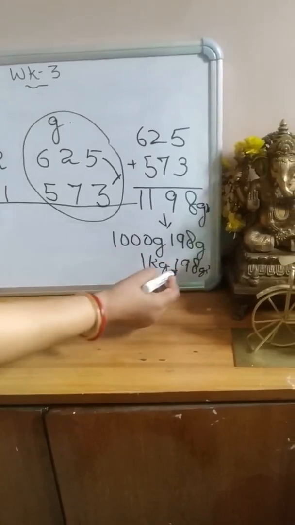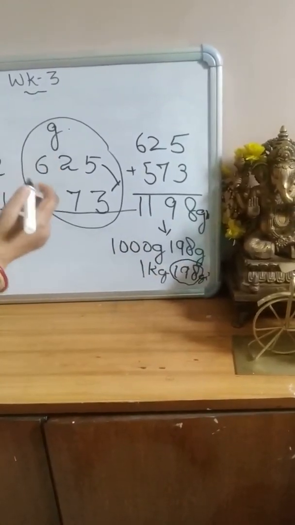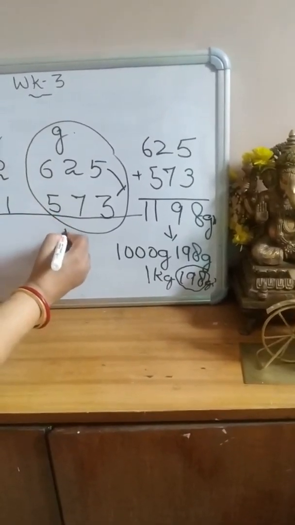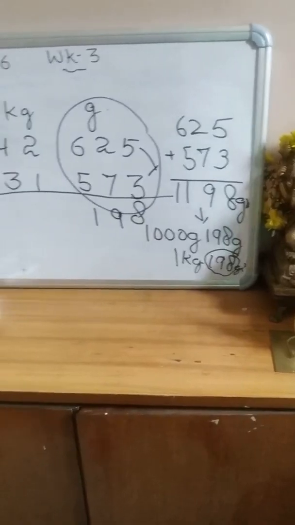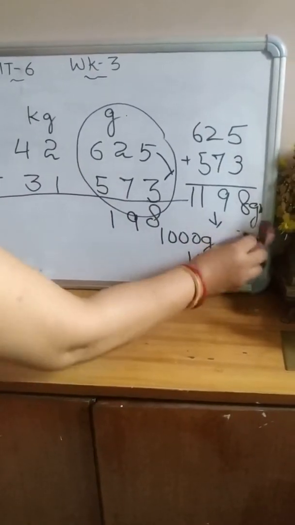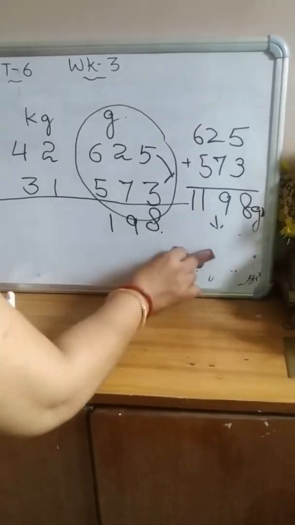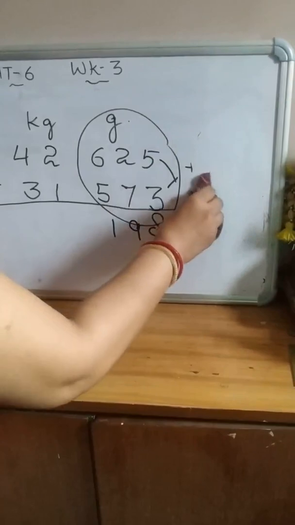So this 198 grams will go in the grams column. So it will become 198. Correct? Now this 1 kilogram, the 1 kilogram is left.